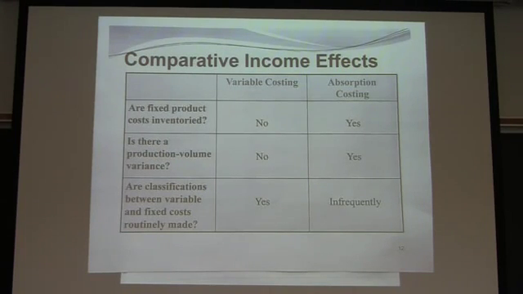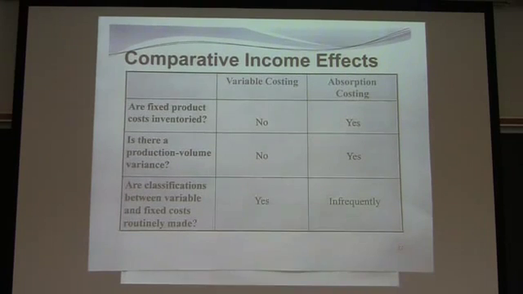And of course, when we over-allocate, you're going to have what we call product volume variance. And with absorption costing, we're going to have that because we unitize the fixed cost to capitalize to either ending inventory or not. Whereas for variable costing, we completely expense that, so there's never going to be product volume variance.